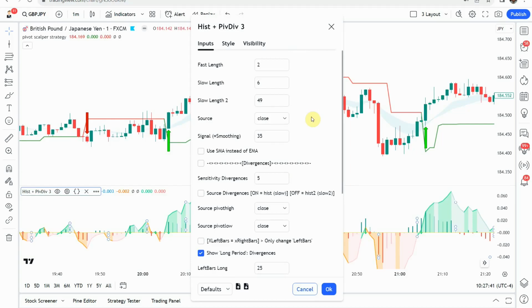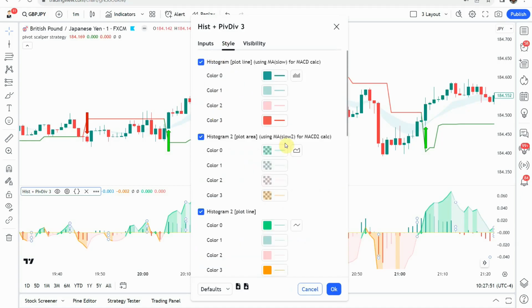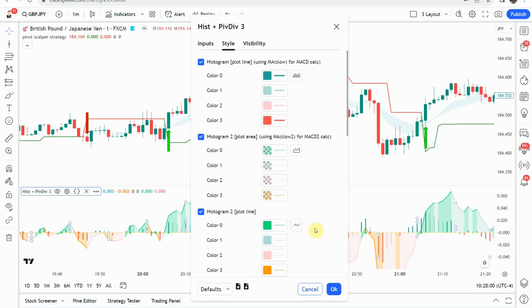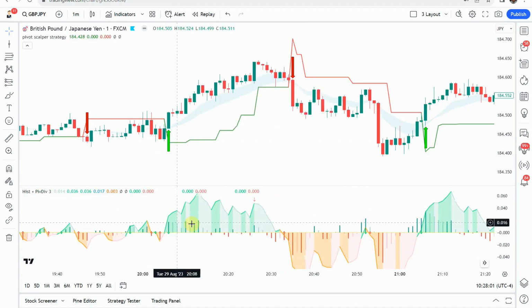And so you'll make a few changes to this here. These are the settings on the inputs. I think we just changed the fast length and the slow length. And on the visual side, on color 0 here, we changed that to a histogram from line, I believe is what it originally was. And so that will give you this setup right here that we're looking at.